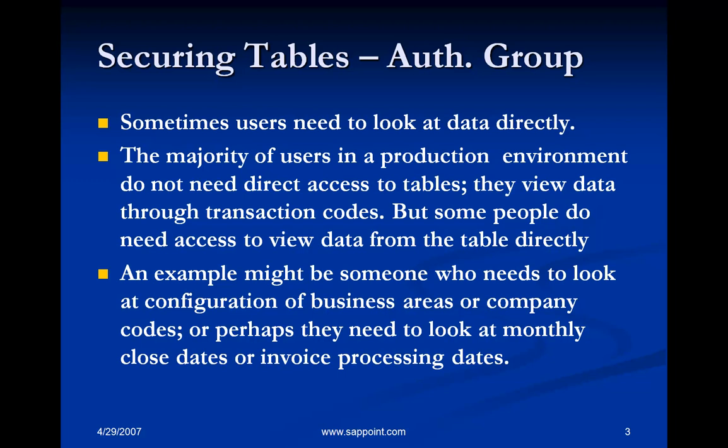An example might be someone who needs to look at configuration of business areas or company codes in the SAP system, or perhaps they need to look at monthly close dates or invoice processing dates. So there are reasons why people would request access to viewing the data from the tables directly.